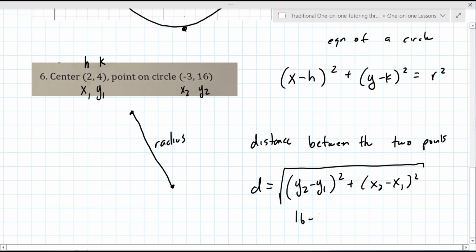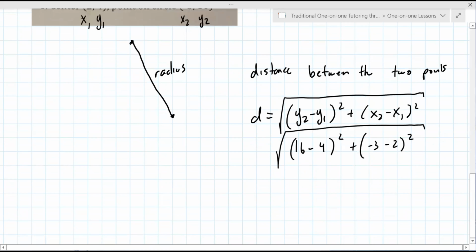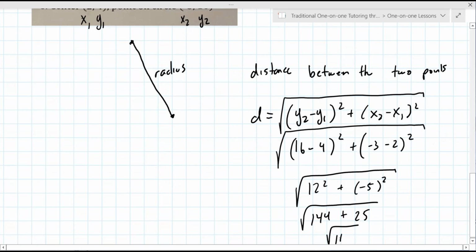So it's 16 minus 4 squared plus minus 3 minus 2 squared, square rooted. So you end up getting 12 squared plus minus 5 squared, square rooted. That's 144 plus 25. The square root of 169 is 13, and that's your radius.